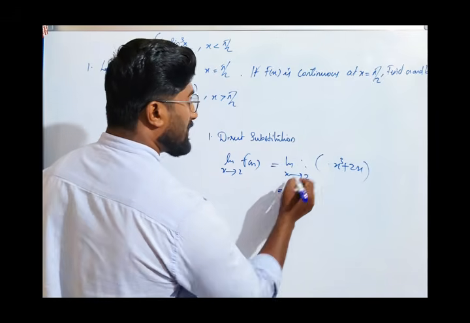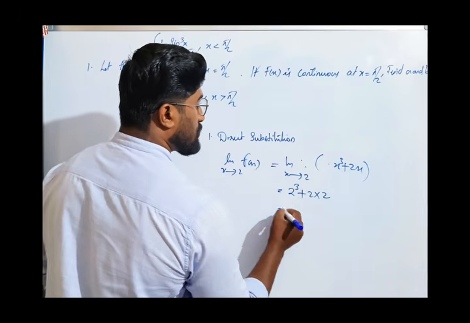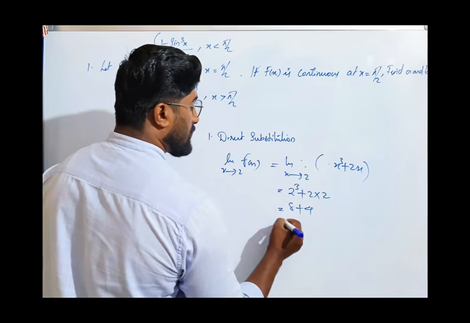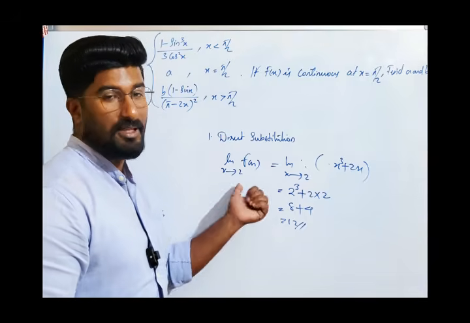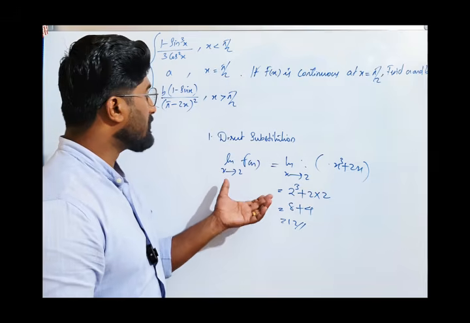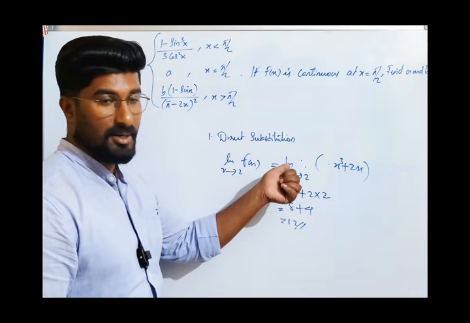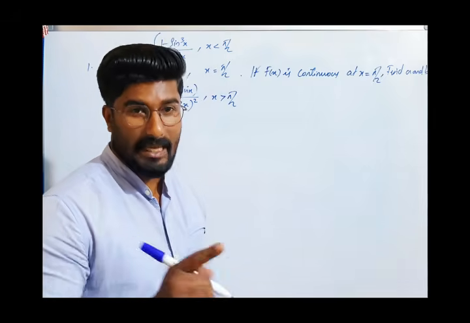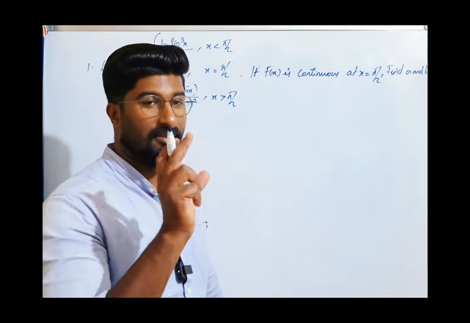Here we can directly substitute the value: 2 cube plus 2 into 2, so 8 plus 4, which is equal to 12. So this is the limit of this function. Where you have these kinds of functions, the method is direct substitution. Before going to the second method, you have to understand the function.